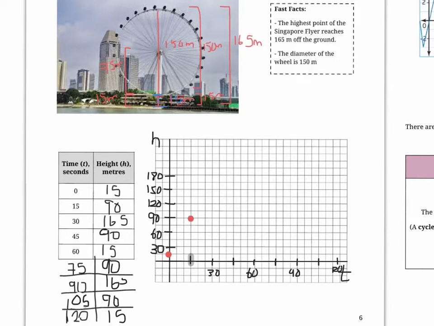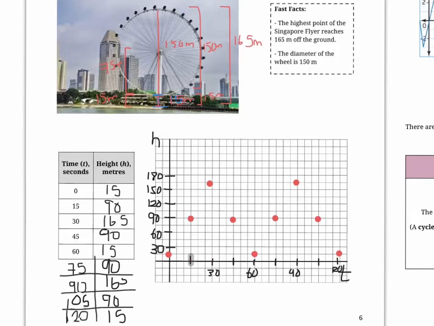So there. And at 30 seconds, our rider should be at 165, which is exactly in between 150 and 180. So sketch the rest of these points on your own and then press play on the video once you're done.